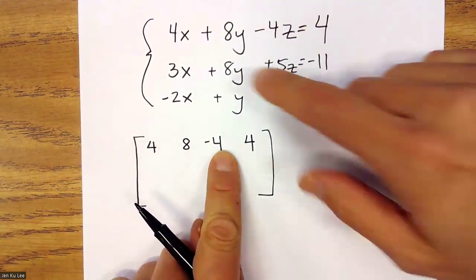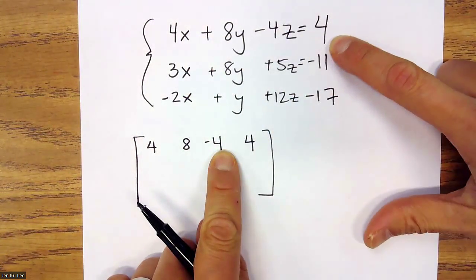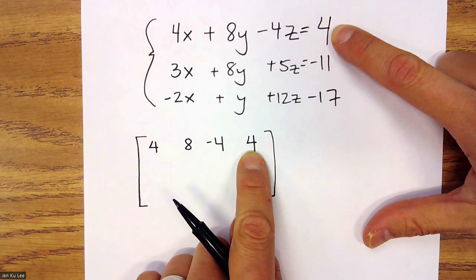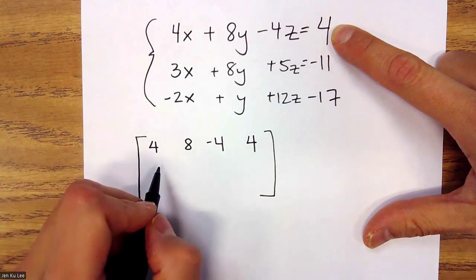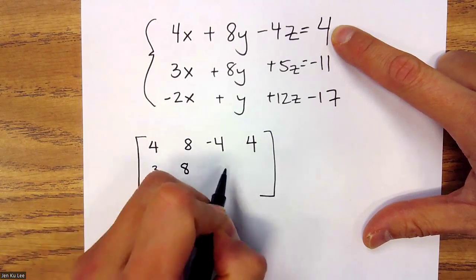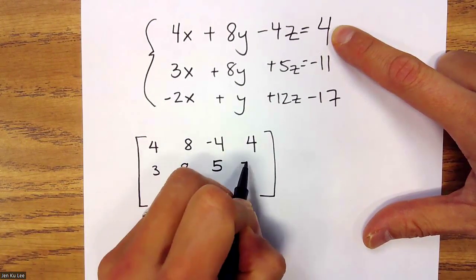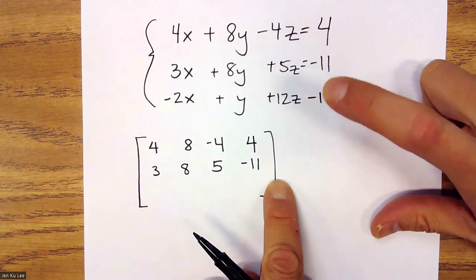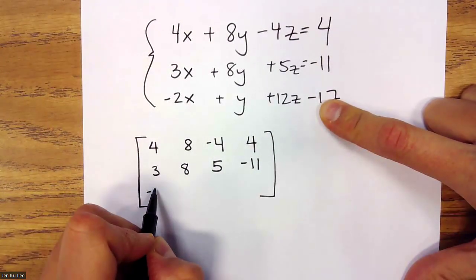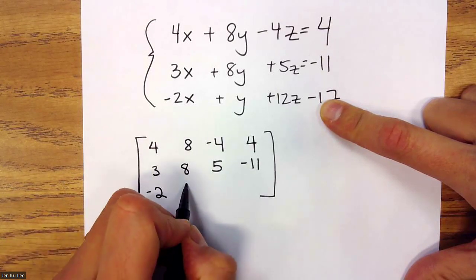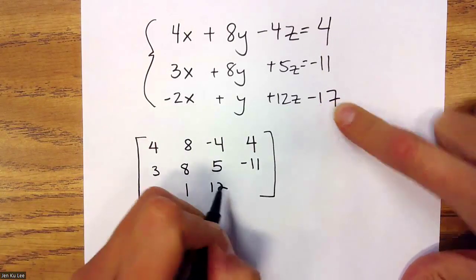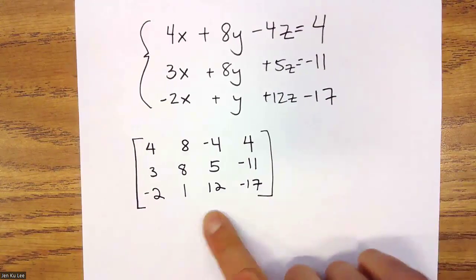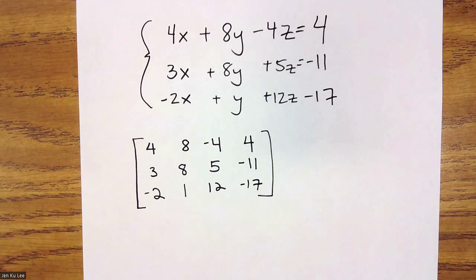You're just getting the coefficients of that first equation and putting it in your first row. 3, 8, 5, -11. Same thing: second equation, second row. Third equation: -2, 1, 12, and -17. Third equation, third row.